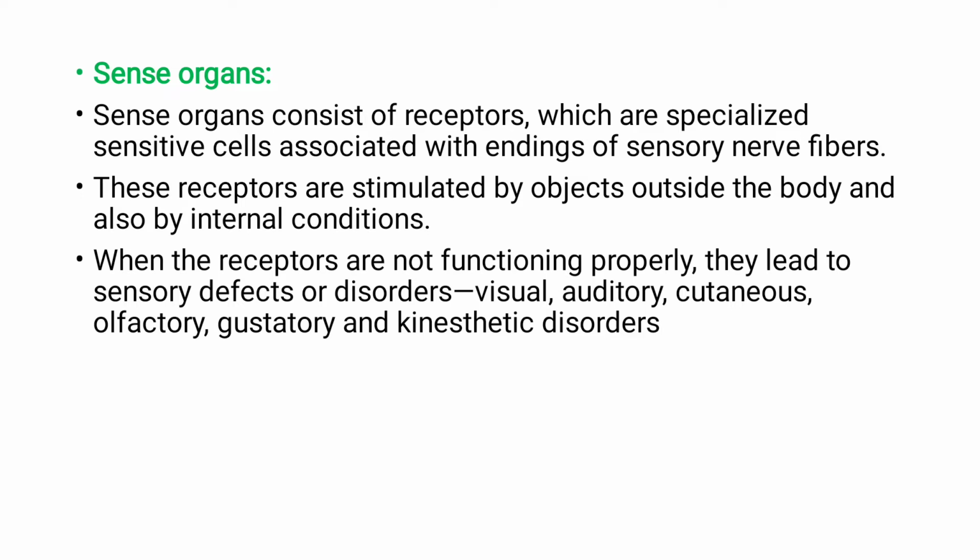When the receptors are not functioning properly, they lead to various defects or disorders with regard to visual, auditory, cutaneous meaning skin, olfactory meaning smell, gustatory meaning taste, and kinesthetic meaning movement disorders. For example, the ear is responsible for balance. If there is any disturbance in the ear, it may lead to dizziness or imbalanced gait, etc.